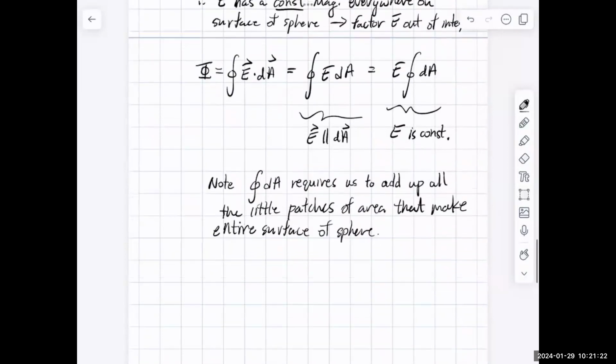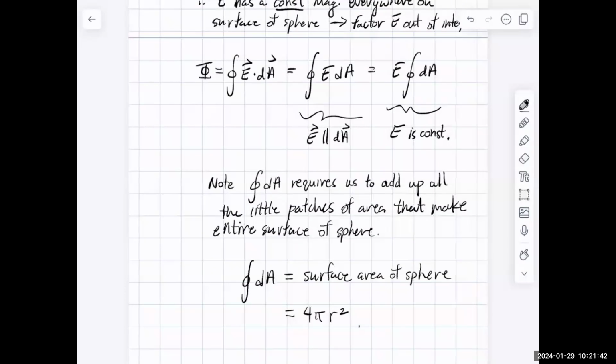And so that means that this is equal to the surface area of our sphere, and that's equal to 4 pi r squared.